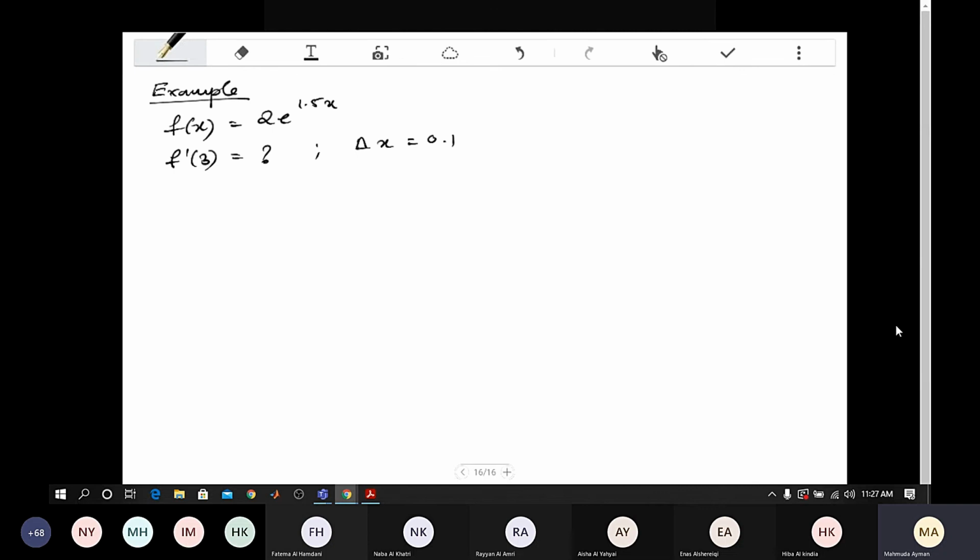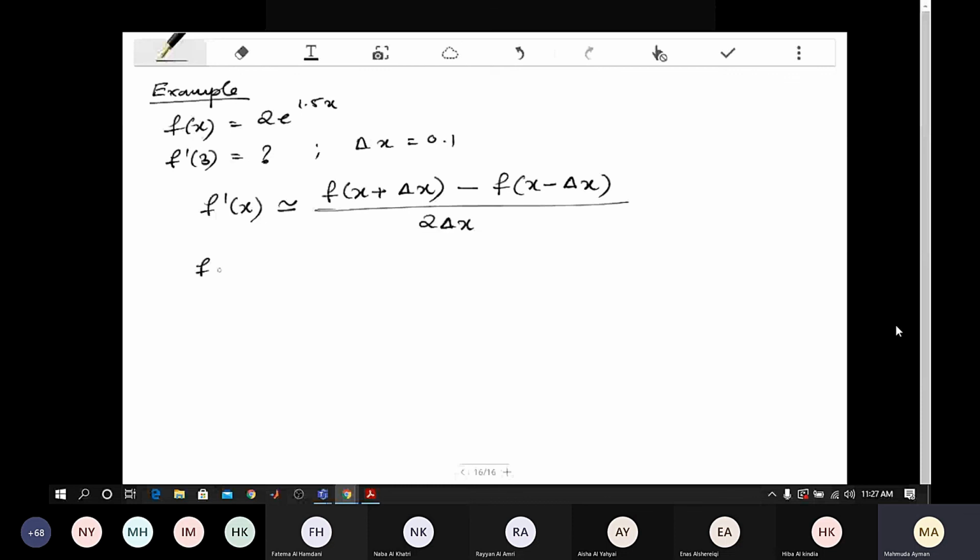Now here our formula for the central divided difference is approximately equal to f of x plus delta x minus f of x minus delta x divided by 2 times delta x.